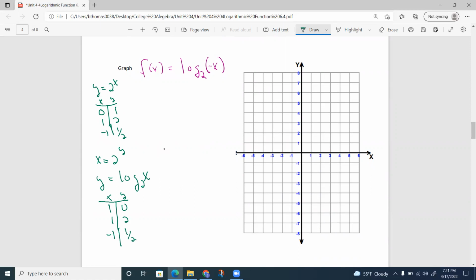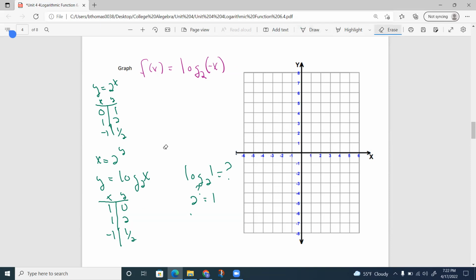If I evaluate the log of 1 base 2, 2 to the y power gives me 1. Well, that would indeed be 0. I got that one backwards there.